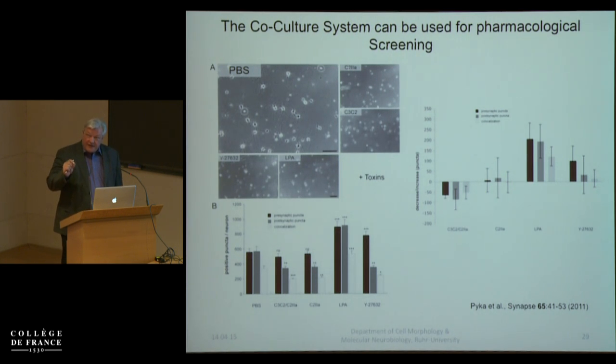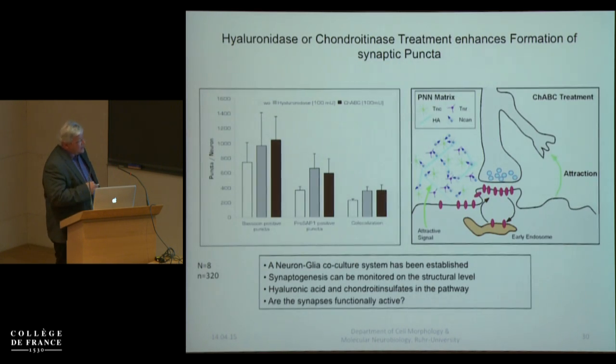And based on this, we have decided to test the influence of chondroitinase ABC in these co-cultures. And in fact, we see that upon treatment with chondroitinase ABC, we have an increase in both co-localizing and also synapse-forming puncta. And we think that this increase in synapse formation in our model could be interpreted either as removal of an inhibitory effect or as liberation of an attractive factor that would then reach the sprouting axon.